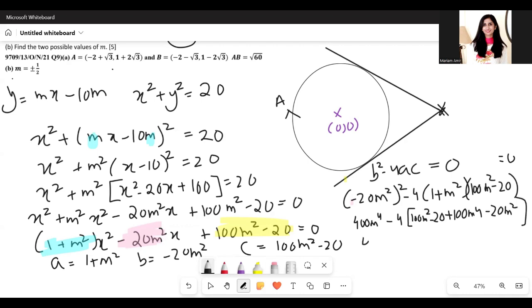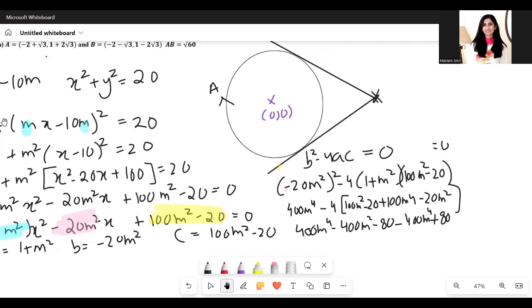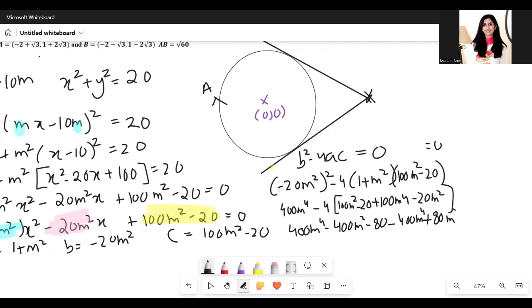Okay, so 400 m to the power 4 minus 400 m squared minus 80 minus 400 m to the power 4 and plus 80 m squared equals 0.